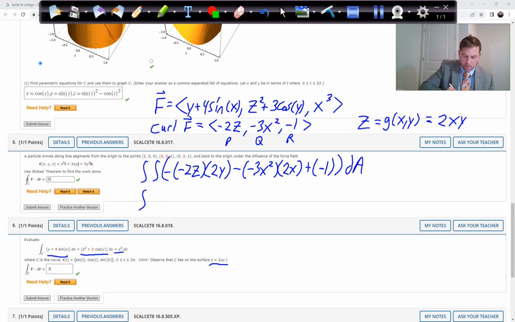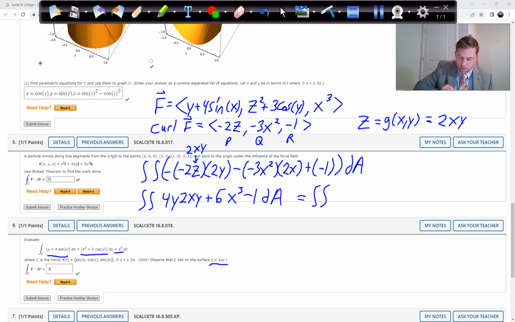So if we look at this, we're going to get a double negative here, 2 and 2 is 4, times y times z, but with z we've got to replace that with 2xy. So it's times another 2 and times an x and a y. Then we got another double negative here, so it's plus 3 times 2 is 6, x squared times x is x cubed, and then we have minus 1.